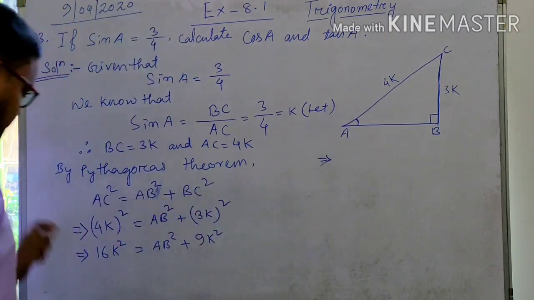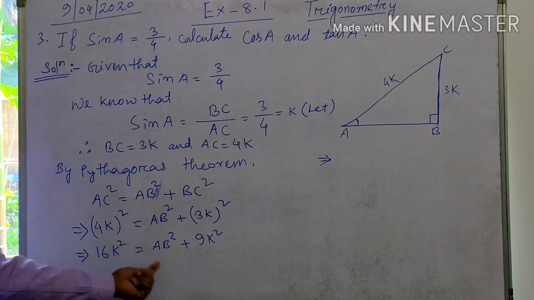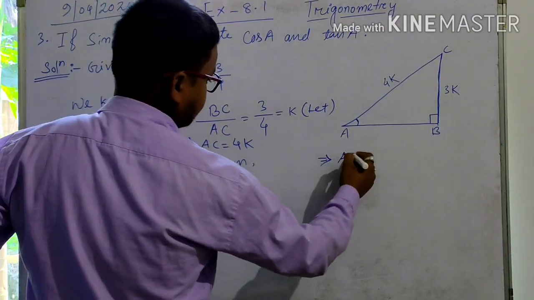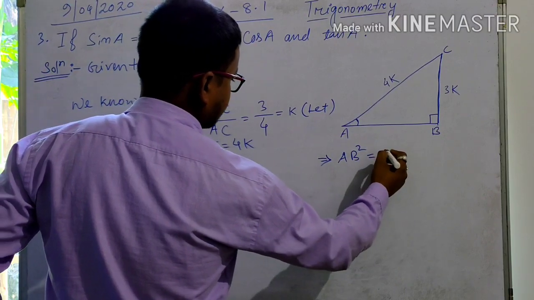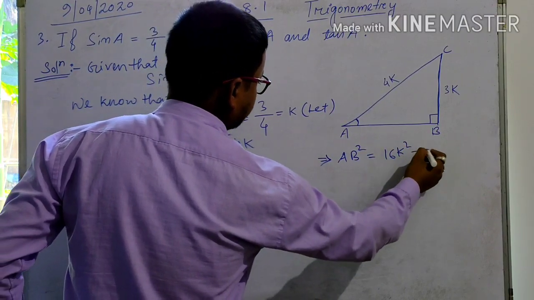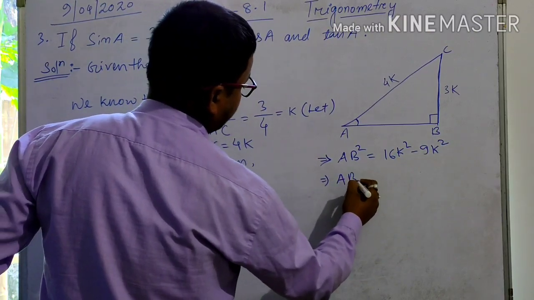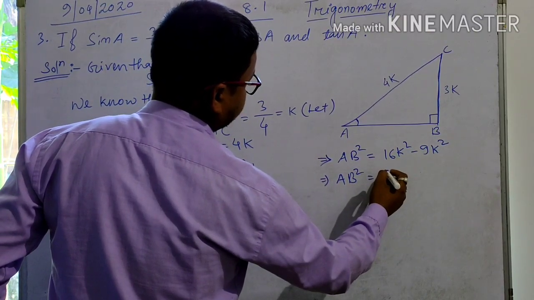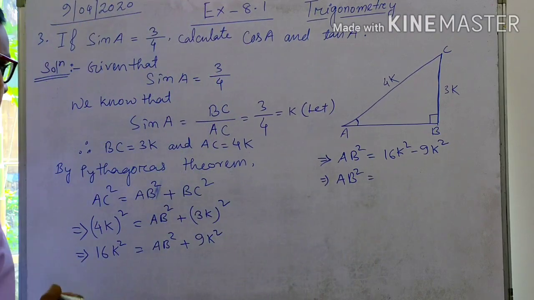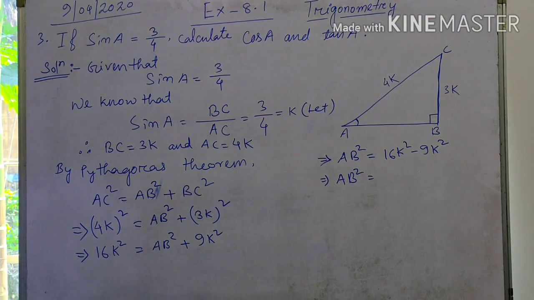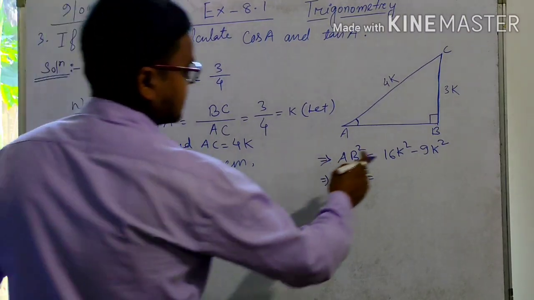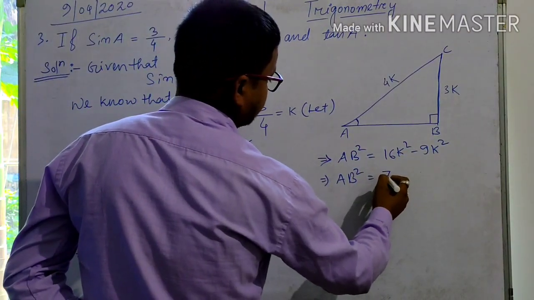Take AB square on one side: AB square and 16K square minus 9K square. From here AB square is equal to, you will get 7.